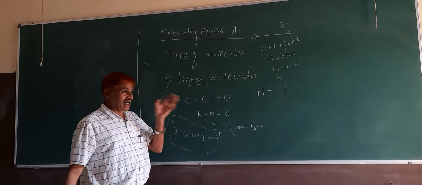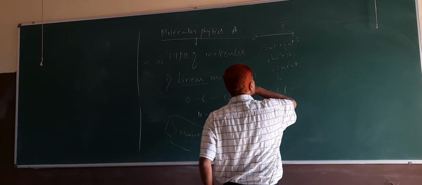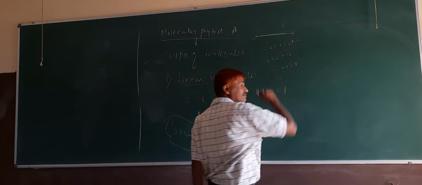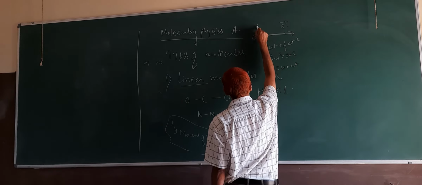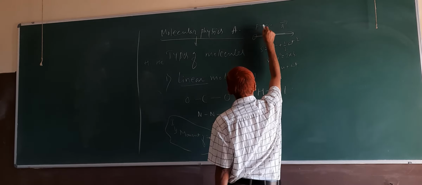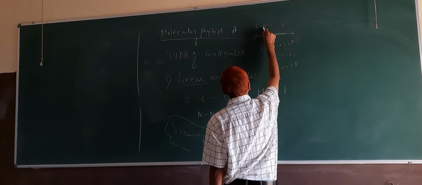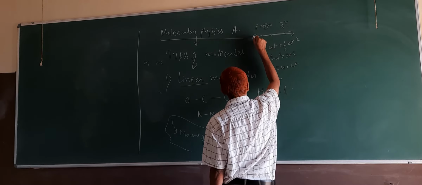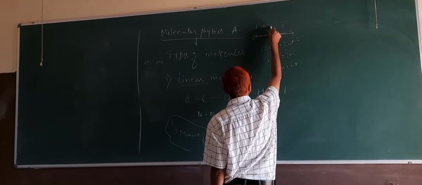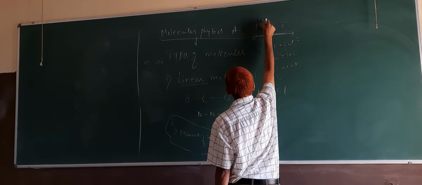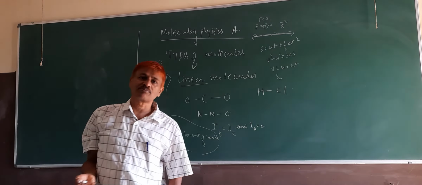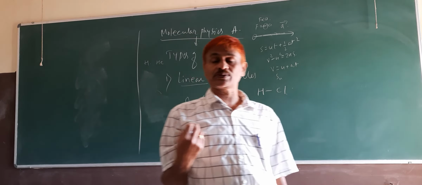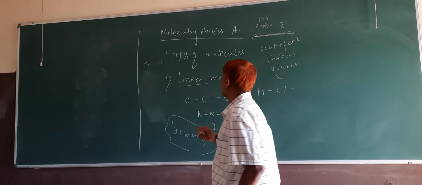Now, inertia. Usually for a linear motion, motion in a straight line, we write the expression for force as F is equal to ma, right? F here represents the force applied, and a is the acceleration. F is proportional to a. The acceleration brought in the body is directly proportional to the force applied.